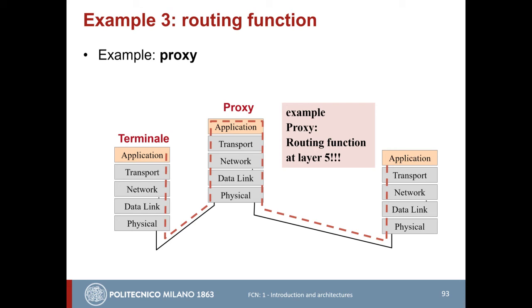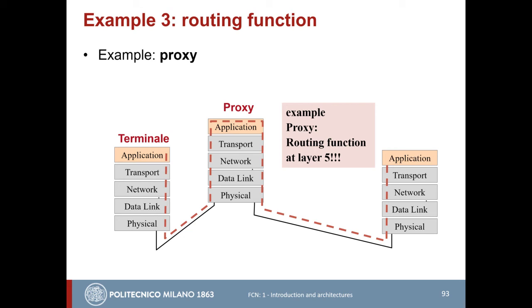A proxy allows you to perform routing, but also complex operations, for example, application or traffic classification, filtering, control of the identities of the senders and of the receiver, and authentication and so on.